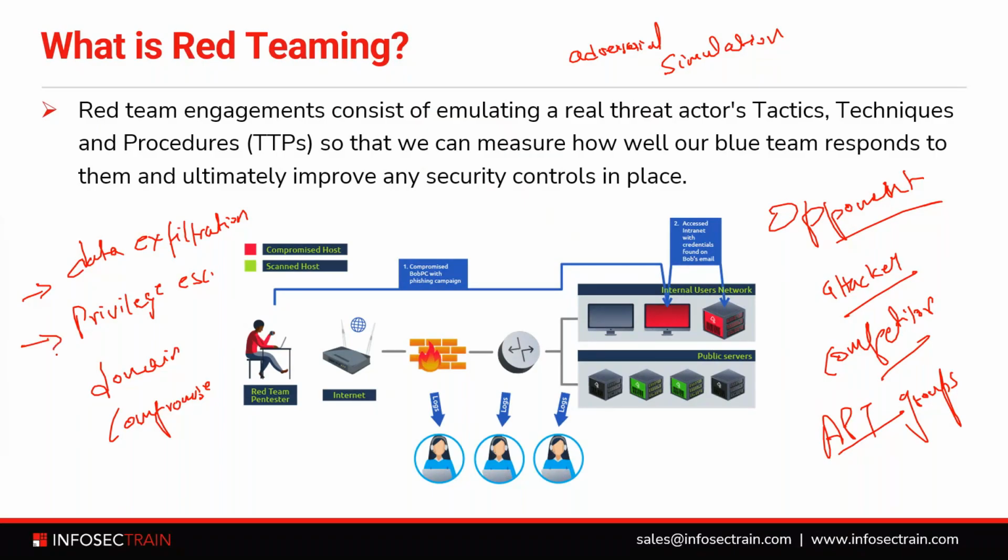Once I'm caught, my red team assessment is closed, right? Privilege escalation means elevating your privileges from one user to another. If you are user 1 and you want the privileges of user 2, that is privilege escalation. You are able to access whatever user 2 is able to access. Privilege escalation can also be done to root or admin.